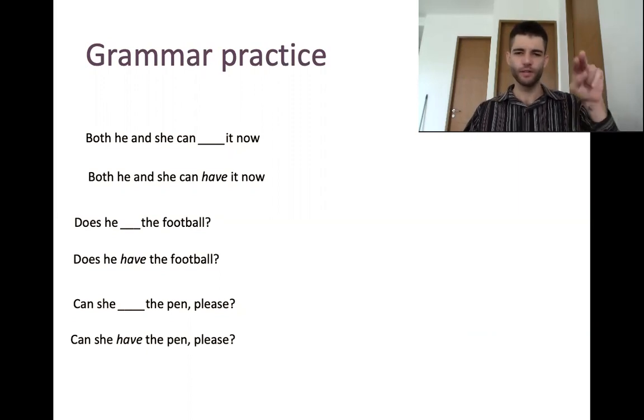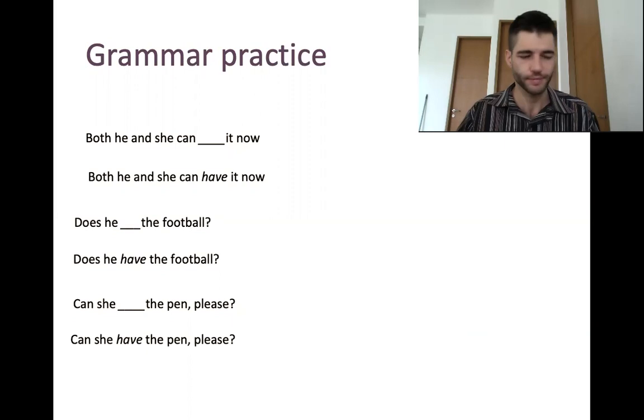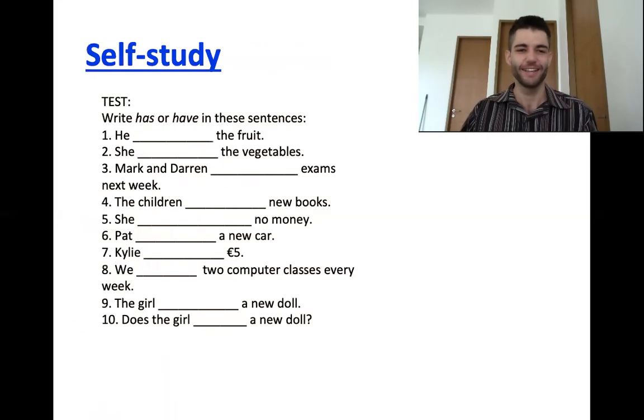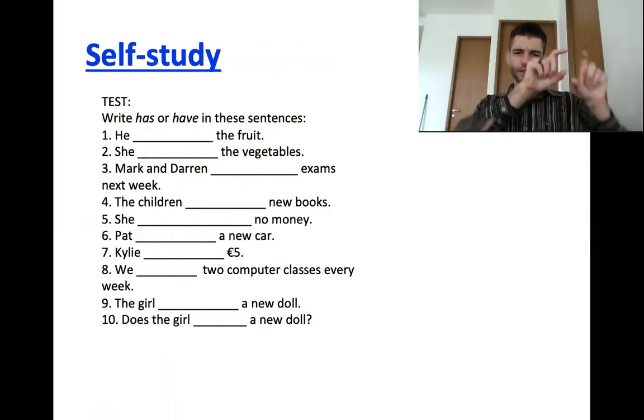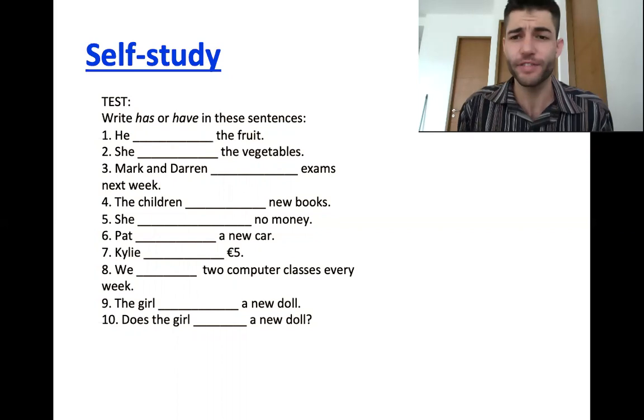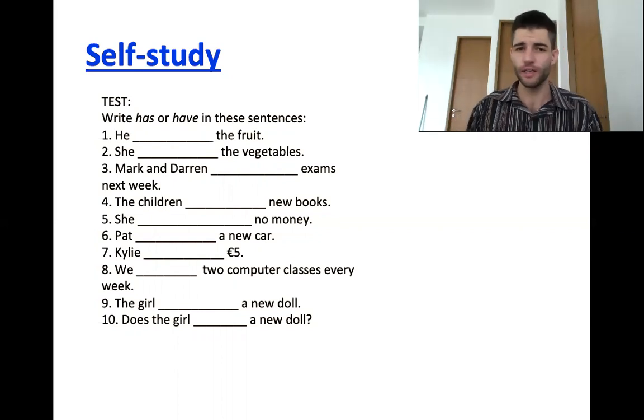Okay, so these examples for our practice are a little bit more tricky. But I'm sure after today, you won't forget them again. Okay, so here you see the big blue word. It says self-study. This is not a have to do. You don't have to do it. And it's not homework, but it's for yourself.